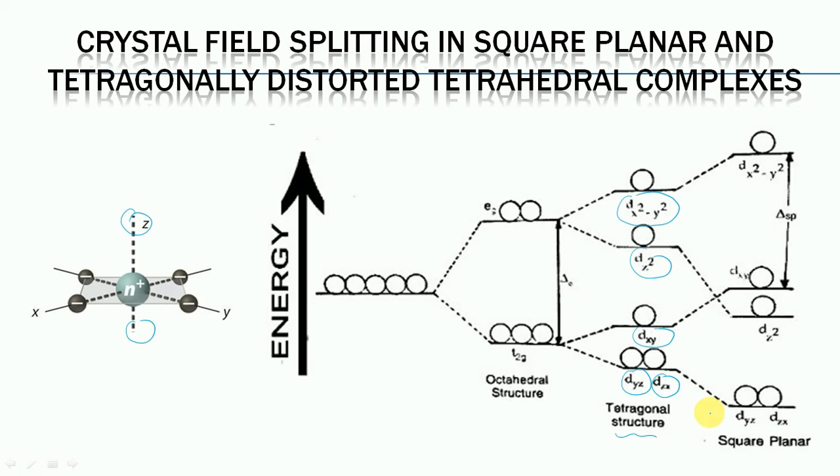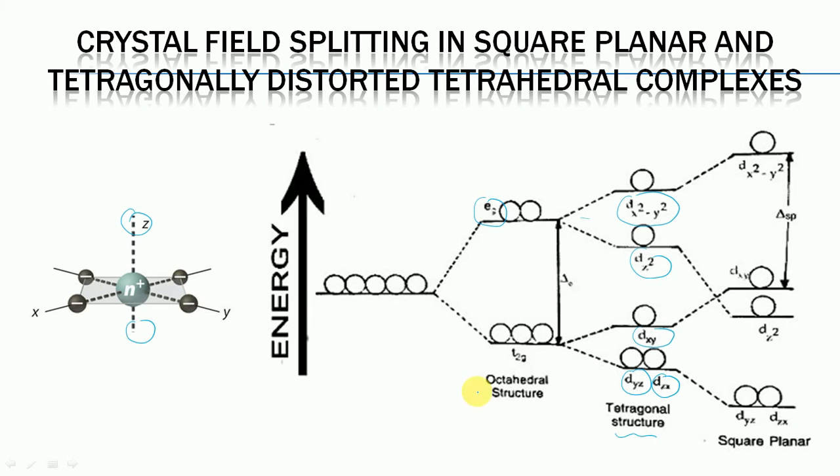These d orbitals which have lobes in the xy plane will become less stable, and those with lobes pointing toward the z-axis more stable. Therefore, the Eg orbitals in the octahedral complex can split into dz square, which will have lower energy, and dx square minus y square, which will have more energy.